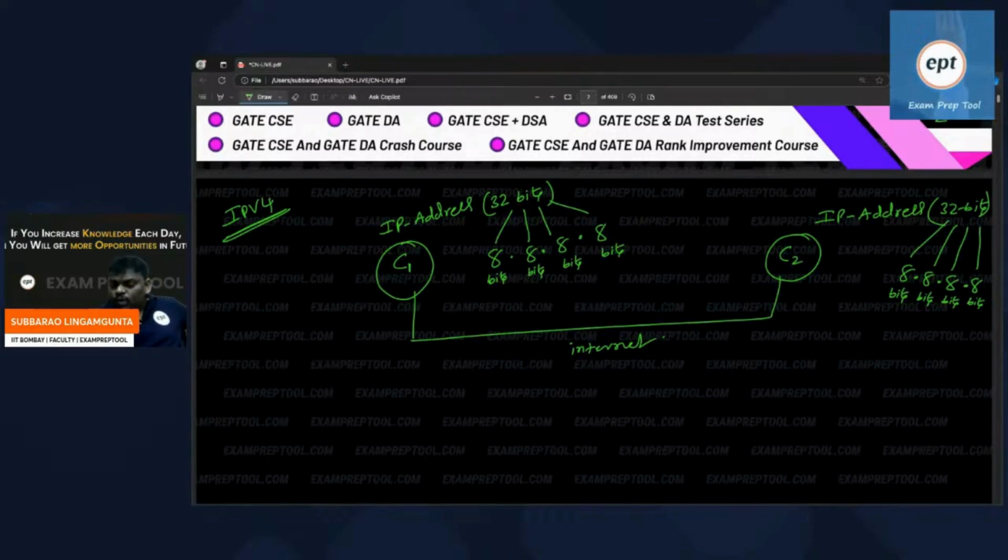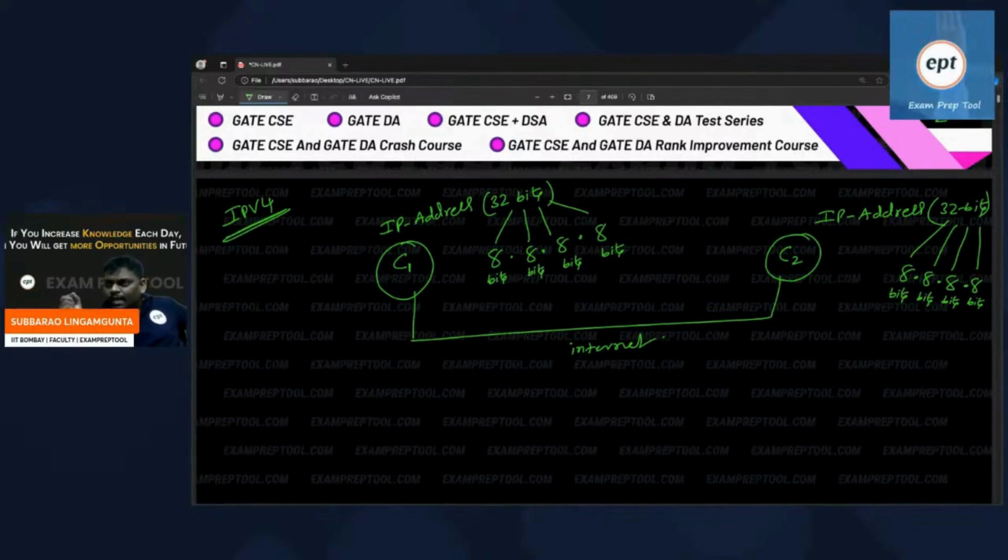Your mobile also has some number inside. Even you don't know it, but if you open the mobile you can see the number. Every device has some number. Every computer also has some number.